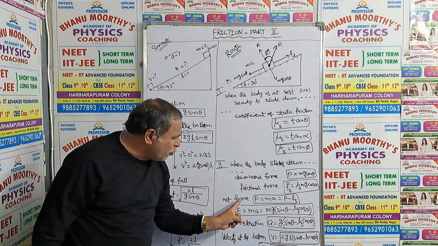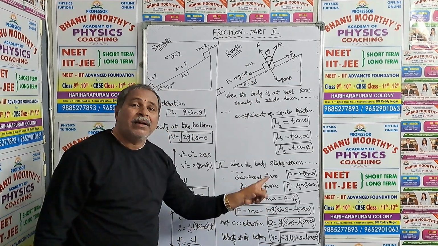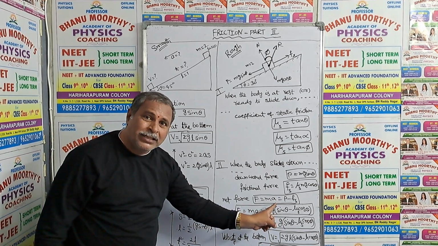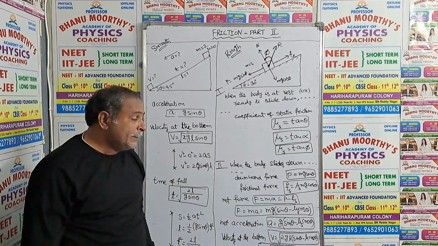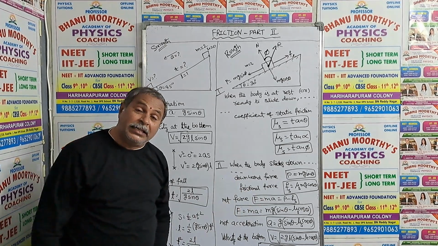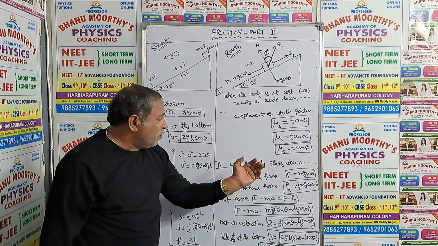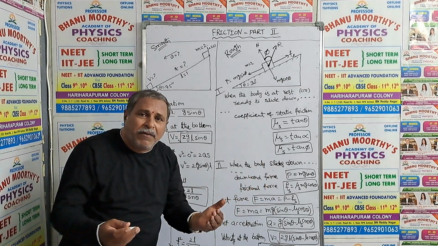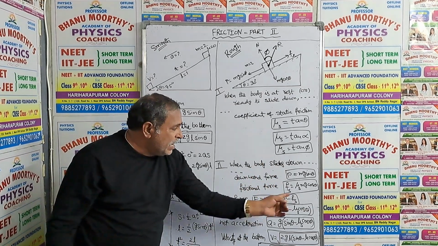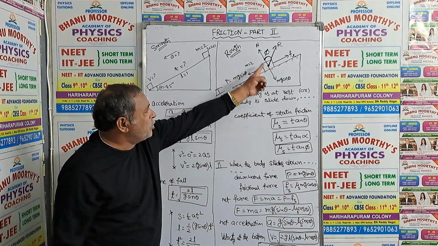So the net force becomes what? Pulling force of gravity minus frictional force, because they are in opposite directions. Subtraction gives the resultant force. The pulling force is mg sin theta and the frictional force Fs equals mu s into N, where N is mg cos theta.